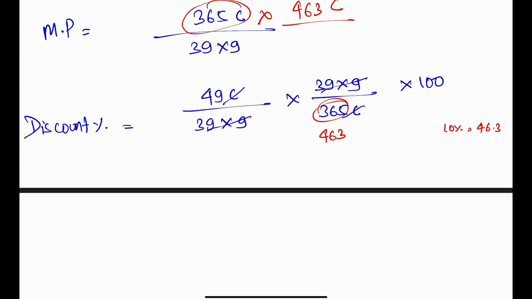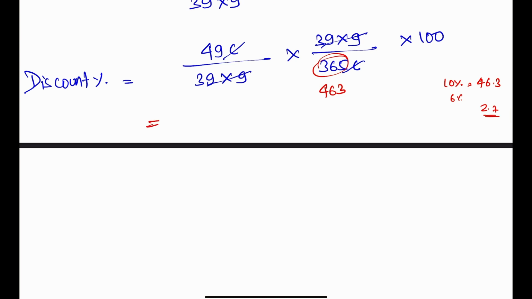So how much is left? 747.75. Then it will become 47. So 2.7. This is 2.3. 1% is 4.6. So half of 1% is 2.3. So it will be approximately 6%.